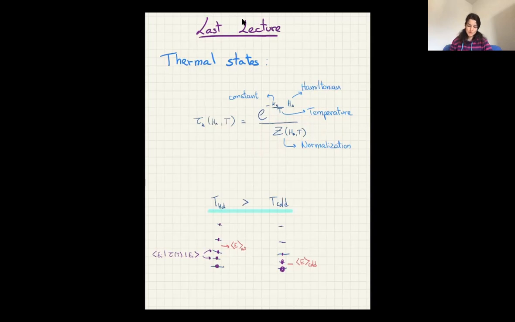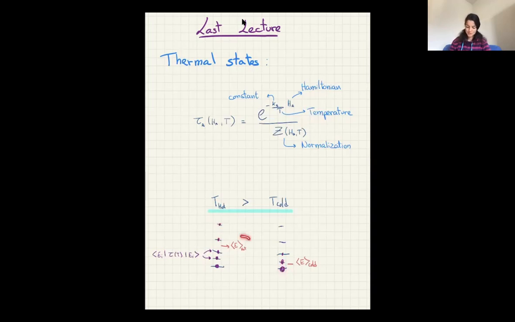Then we saw, if we compare a hot system and a cold system, the difference between them is that the hot system will have higher probability of being in an excited state. Because T is larger, so 1 over T is smaller, so minus 1 over T is larger. So we're more likely to find an excited state, whereas the cold system will be more likely to be closer to the ground state.